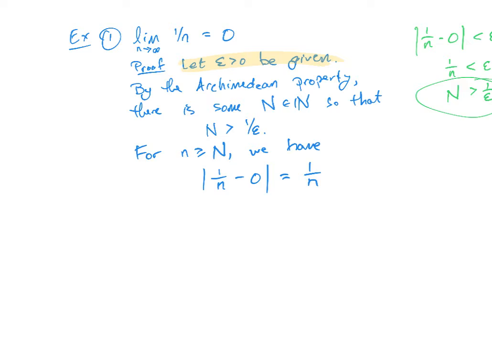Little n is greater than or equal to capital N, so this is less than or equal to 1 over capital N. And capital N is greater than 1 over epsilon, so this is less than epsilon.